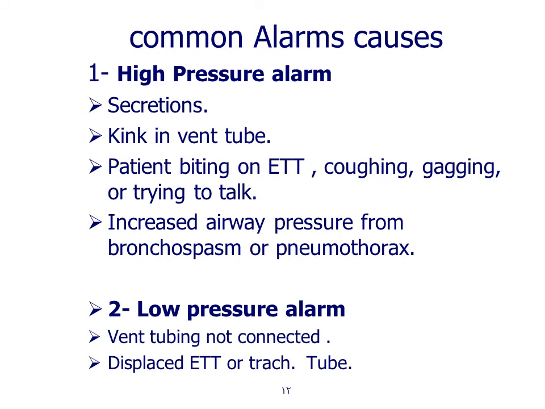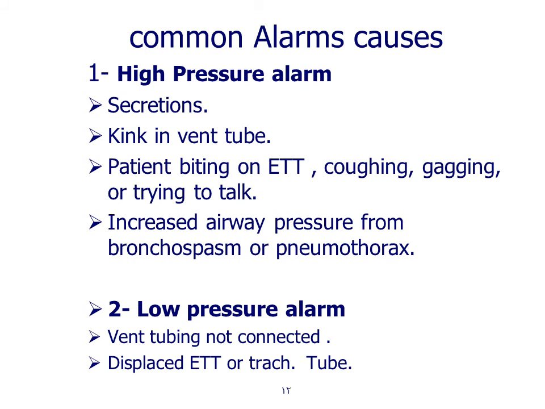High pressure alarm may result from the presence of secretions in the airways or the endotracheal tube, kinking in the tube, انثناء, patient biting the endotracheal tube, المريض عض على endotracheal tube, coughing, gagging, trying to talk, كلها بيزيد من ال pressure inside وبالتالي high pressure alarm, increased airway pressure because of bronchospasm or pneumothorax.